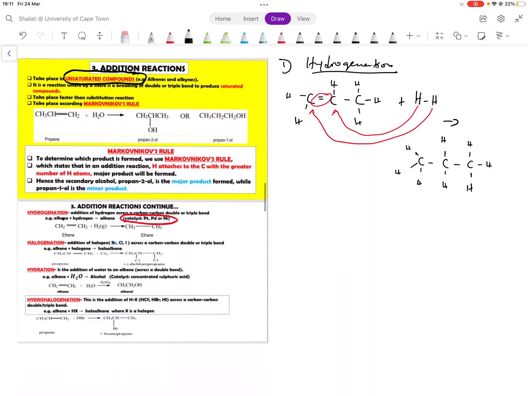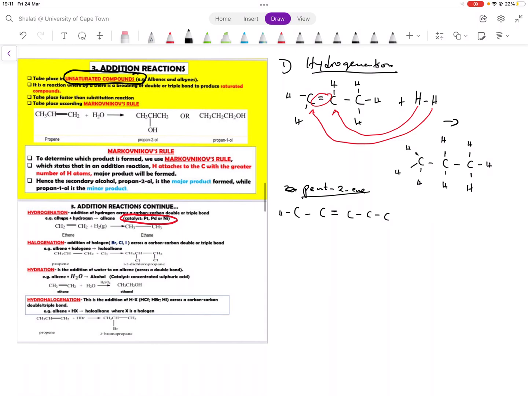Okay, I can give another example. Let's say I'm using a pentene, let's say pent-2-ene. So I have 5 carbons with a double bond at carbon number 2.